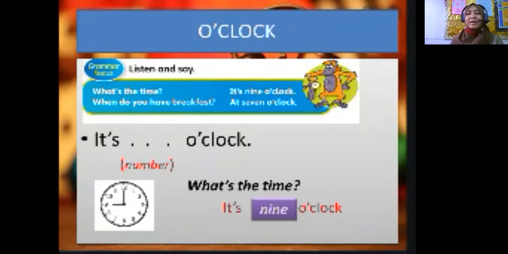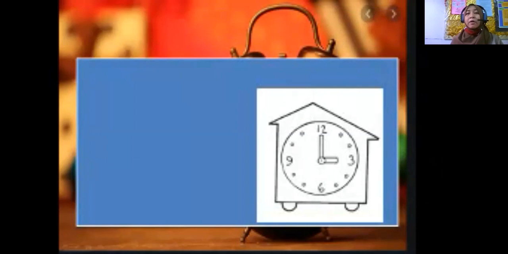So all the endings should be o'clock. If the long needle is on number 12, all the endings use o'clock. Ya, kalau jarum panjangnya semuanya di angka 12, diakhiri dengan kata o'clock. Ya, only on 12, okay?